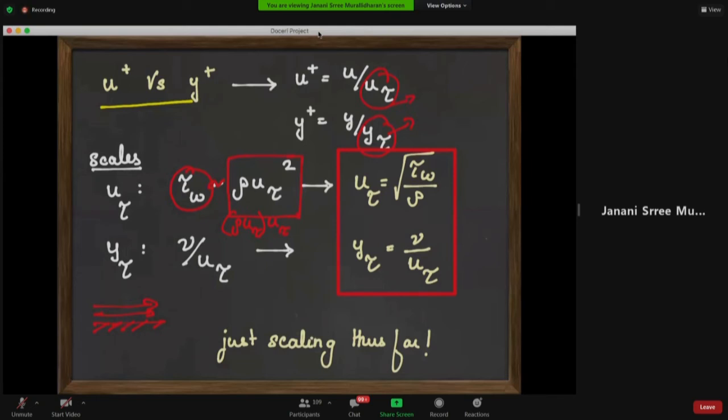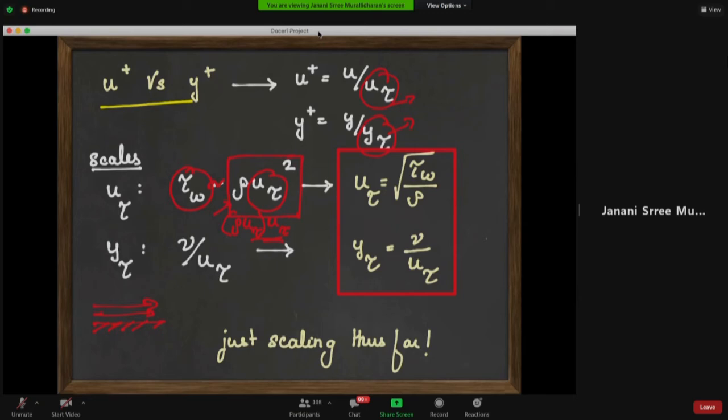I thought of a formulation which is also convective in form, but I'm calling it a velocity called u tau. This is actually something that you are coining. There is actually nothing called a frictional velocity. It is just a term that you have come up with to non-dimensionalize.